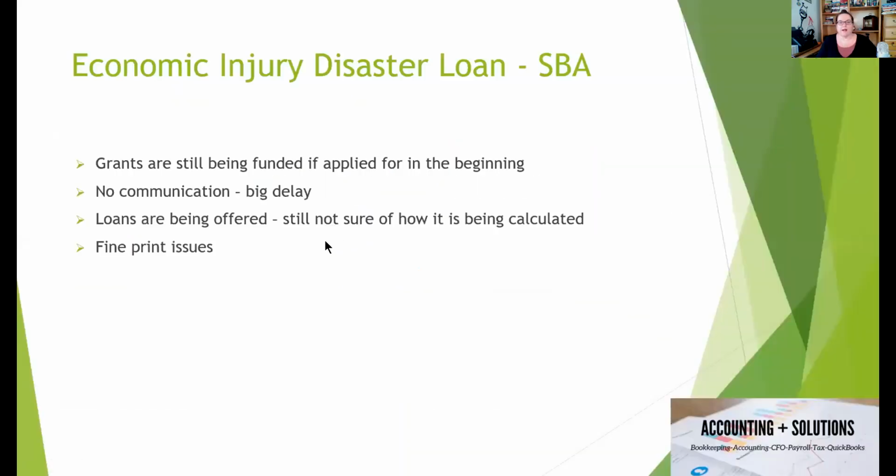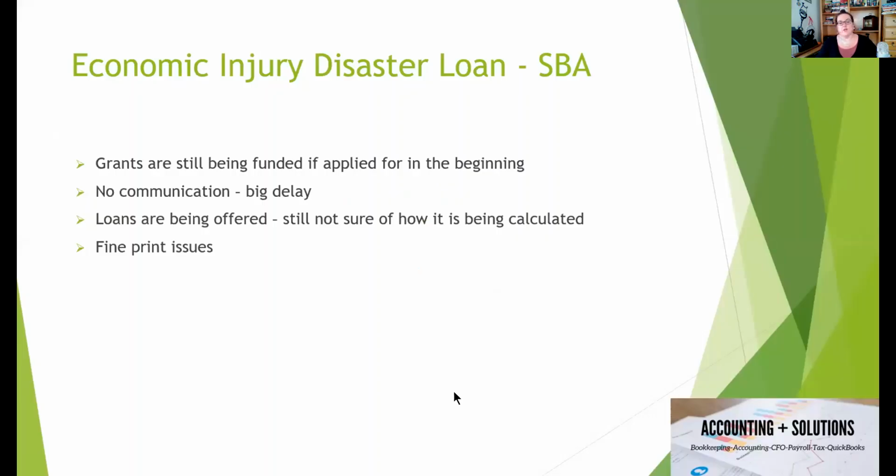Okay. So yeah, since we're talking about the EIDLs, they're still being funded. They're being funded very strangely. So one, no new applications are being accepted except for agricultural entities. There was additional funding in the second round of the CARES Act that specifically gave money to agricultural lending.